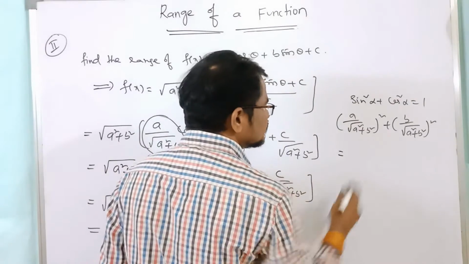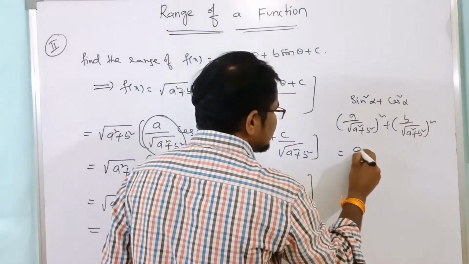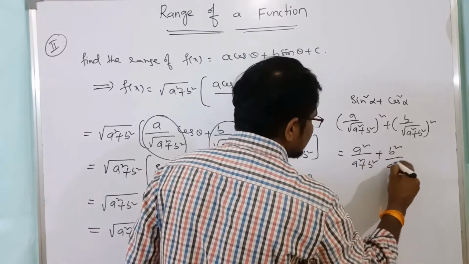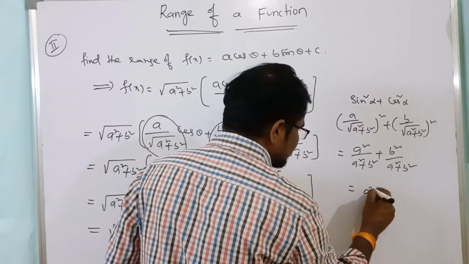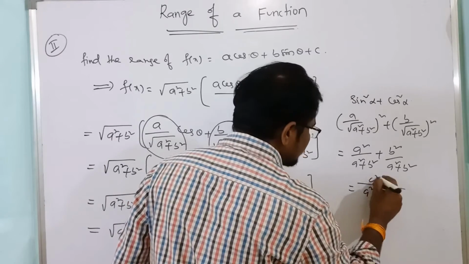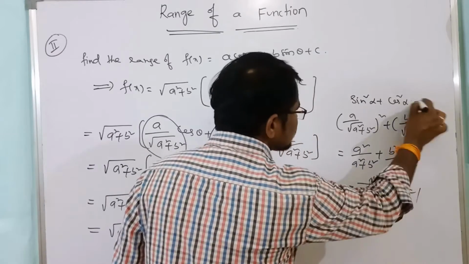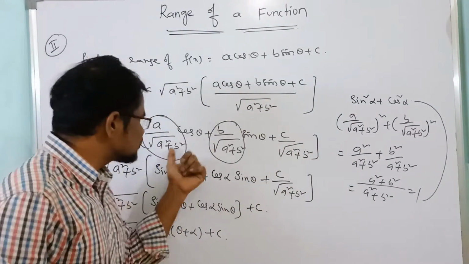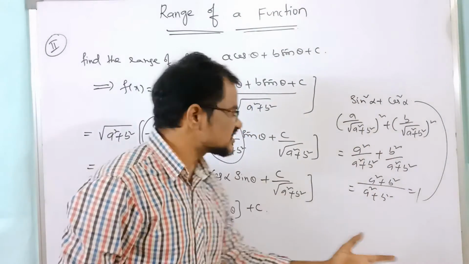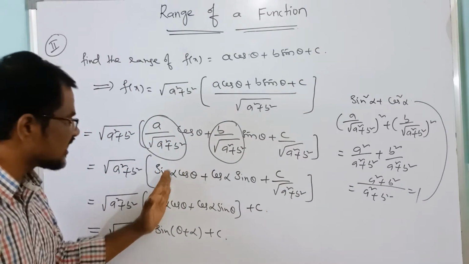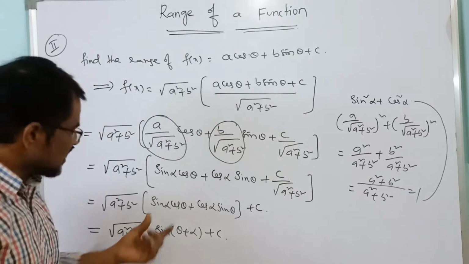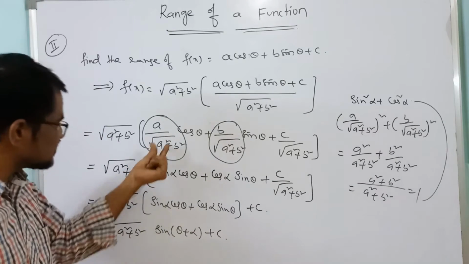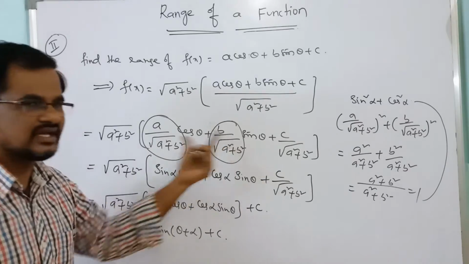That is equal to a square by a square plus b square plus b square by a square plus b square. What is the LCM? A square plus b square. So a square plus b square over a square plus b square equal to 1. So cos square alpha plus sin square alpha equal to 1. So these two satisfy this condition. That's why I am taking this one as sin alpha, this one as cos alpha, right? Or you can convert in terms of cos also. Means for converting to cos, we have to take this one as sin alpha, and it still satisfies this condition.